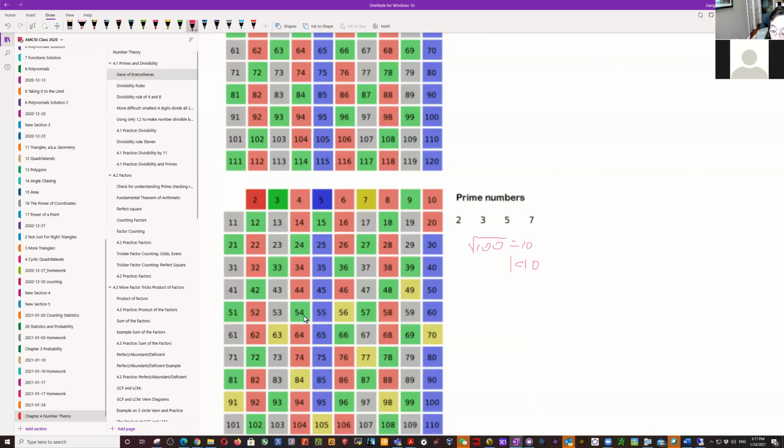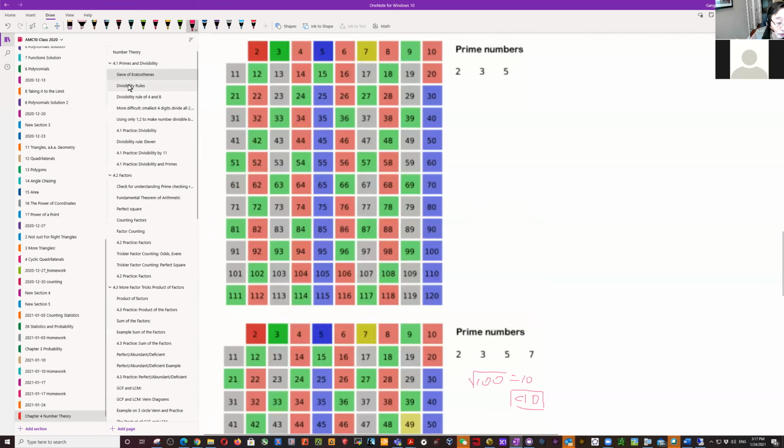And we only consider the prime factors, so we only need to consider 2, 3, 5, 7, because all the others are composite. Then whatever is not a multiple of 2, 3, 5, 7, those gray numbers are basically prime. So it's a very fast, efficient way, and a lot of computers use this.